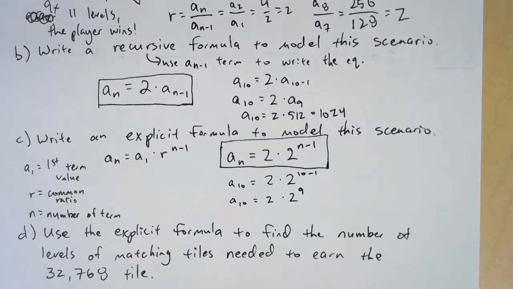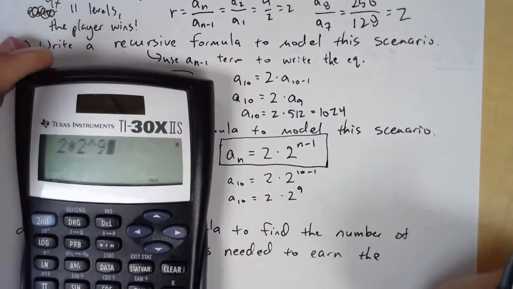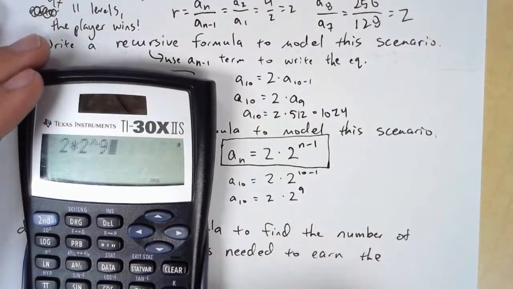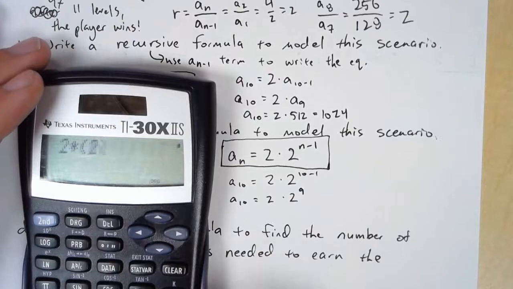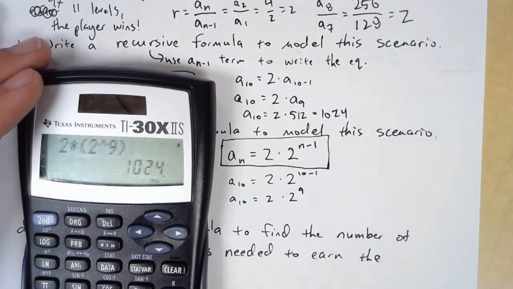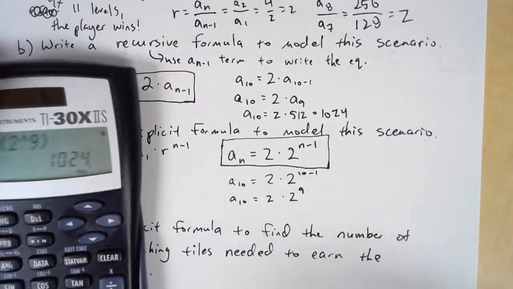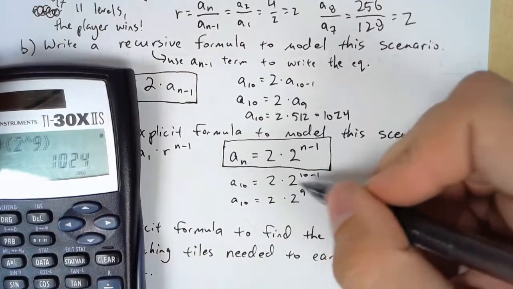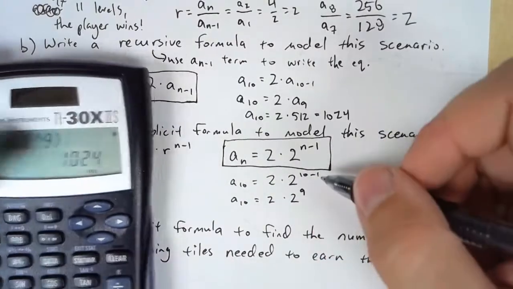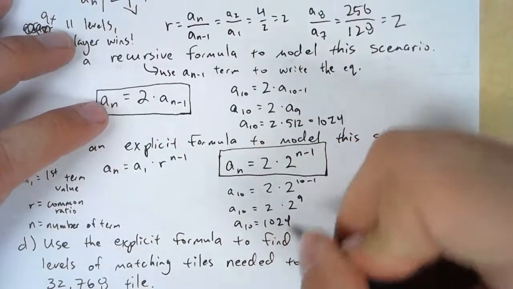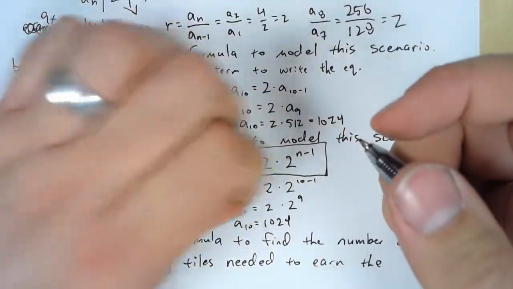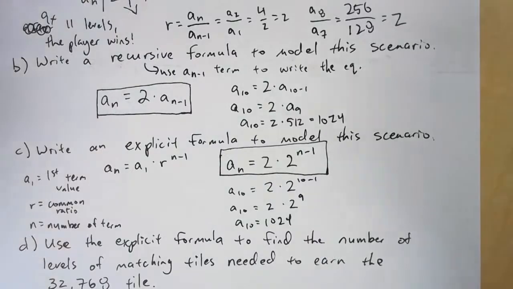You could put parentheses around this one part if you want to. 2 times 2 to the 9th is 1024. Regardless, you need to take care of your exponent stuff first if you don't have a calculator to do the order of operations for you. So we do get 1024. Okay, so this explicit formula works.